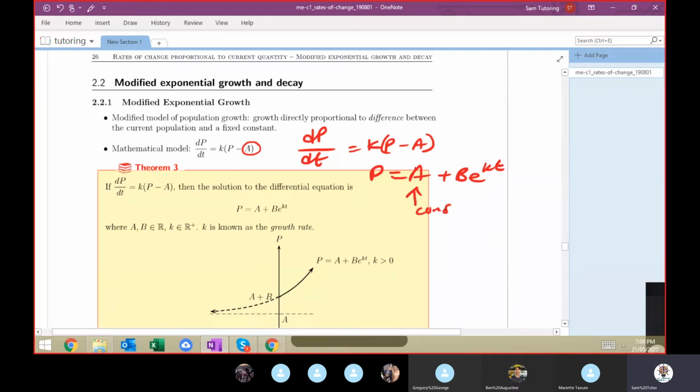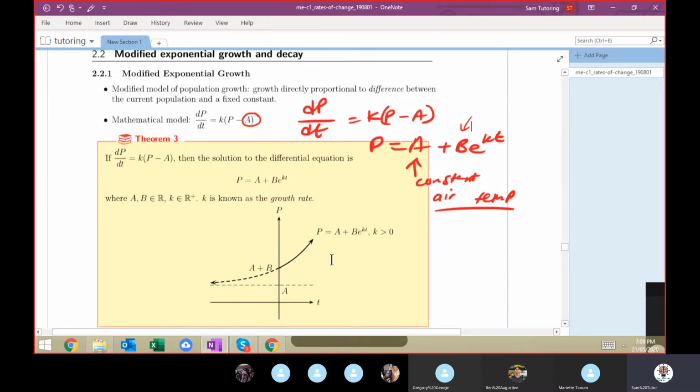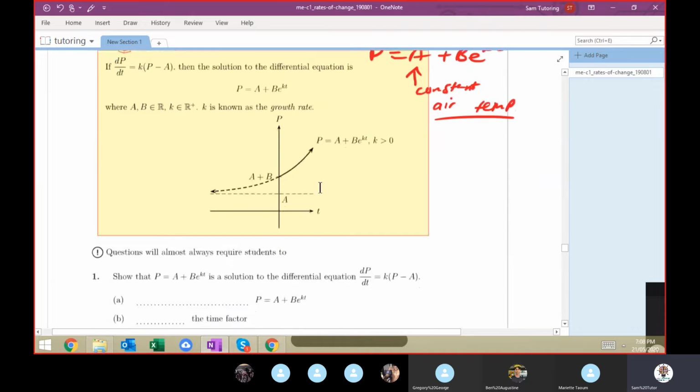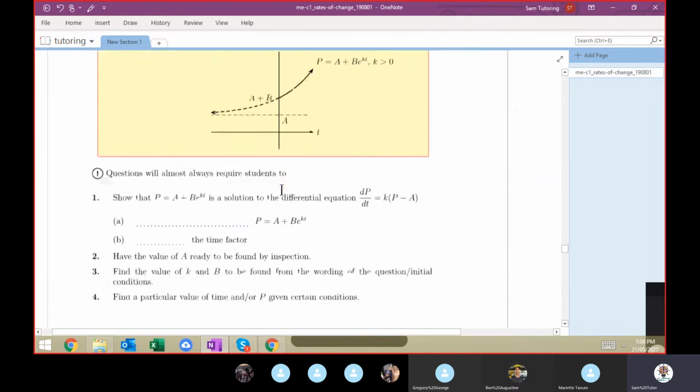A is the constant air temperature, and B is just your initial value like it was before. Okay, so let's have a look at a question, it makes a bit more sense.